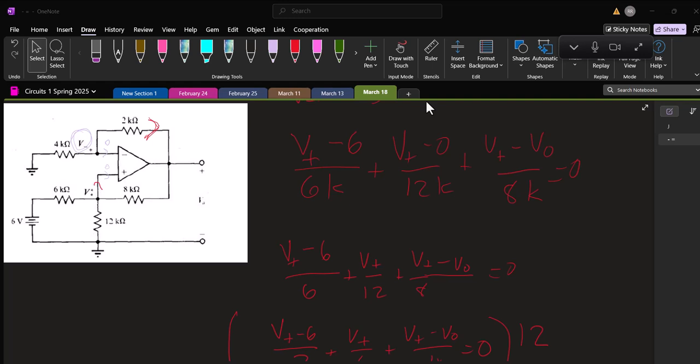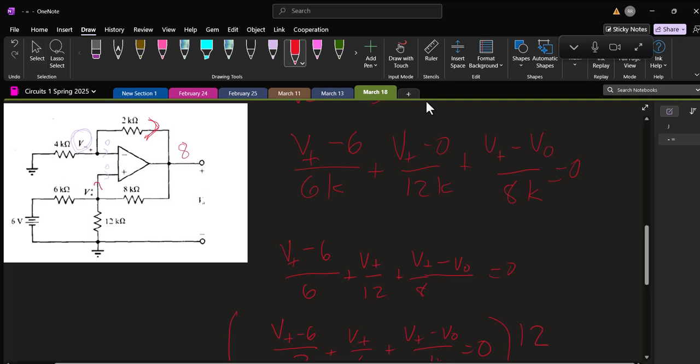So what happens is, if this is 8 and V plus is 2/3 of 8, what is 2/3 of 8? Can somebody calculate that? It's going to be a weird number.